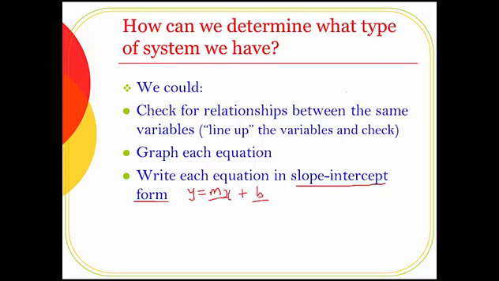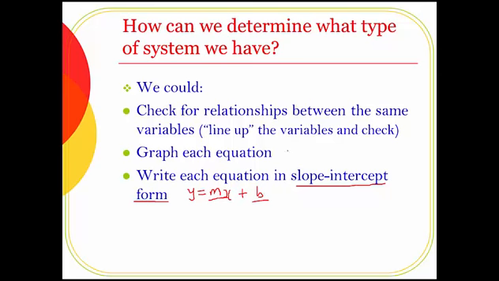So you could also use this to find out the type of system you have. How could you do that? You have to put each equation in this form. If you put the equation in this form, then you find out the nature of the slope. m is the slope, and b is the y-intercept.